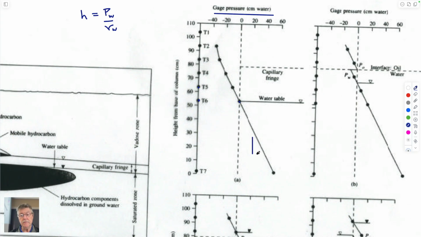So this is 1 over unit weight. Actually, it's 1 over, and unit weight just from this is equal to PW over H. Right? These units are length. So you need to substitute for this and change it around, but you get the picture.